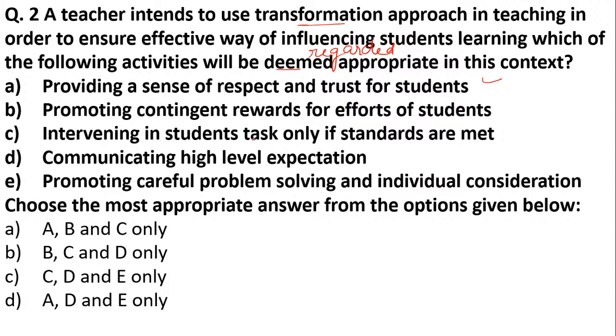Intervening in students' tasks only if standards are met, or communicating high level expectation, promoting careful problem solving and individual consideration. So here in this question, the right answer is option D, that is A, D and E. Providing sense of respect and trust, communicating high level expectation, and promoting careful problem solving and individual consideration.